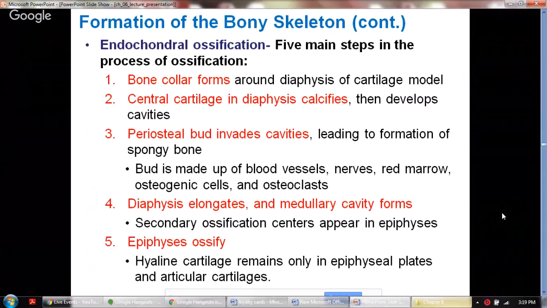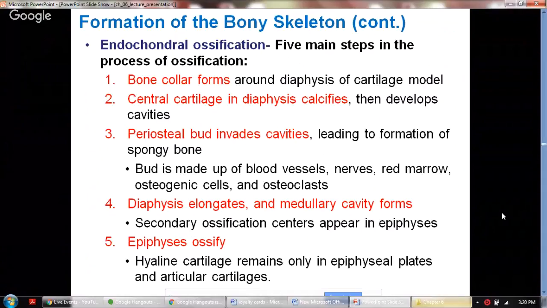Next, a periosteal bud invades these cavities, and the periosteal bud is composed of blood vessels, nerves, red marrow, osteogenic cells, and osteoclasts.